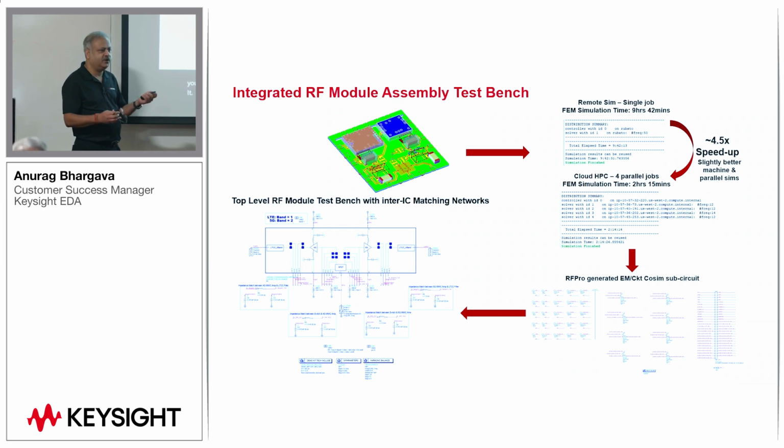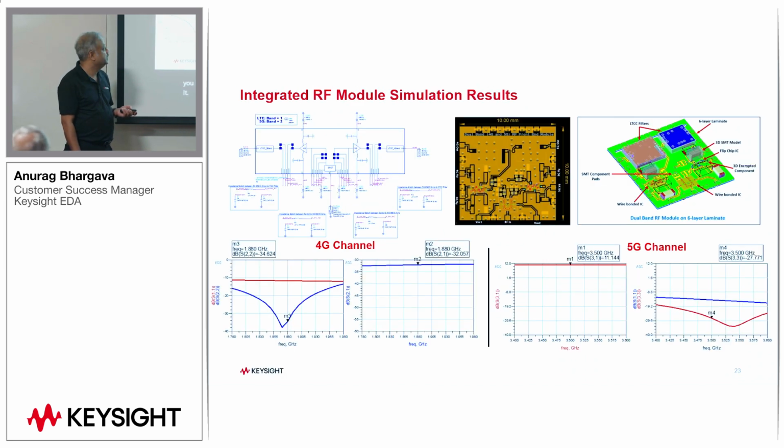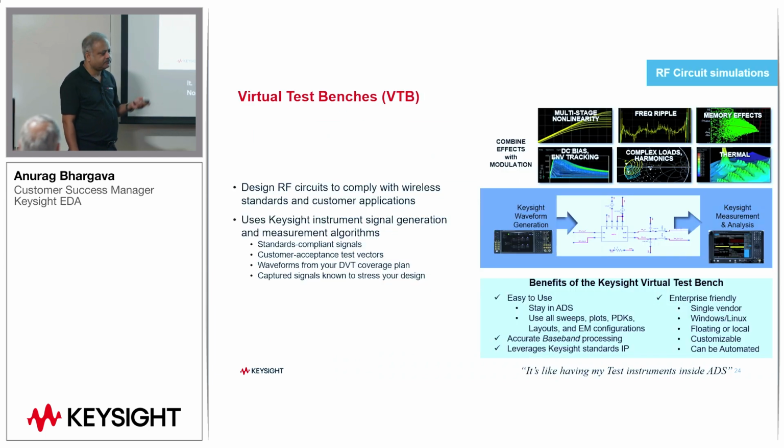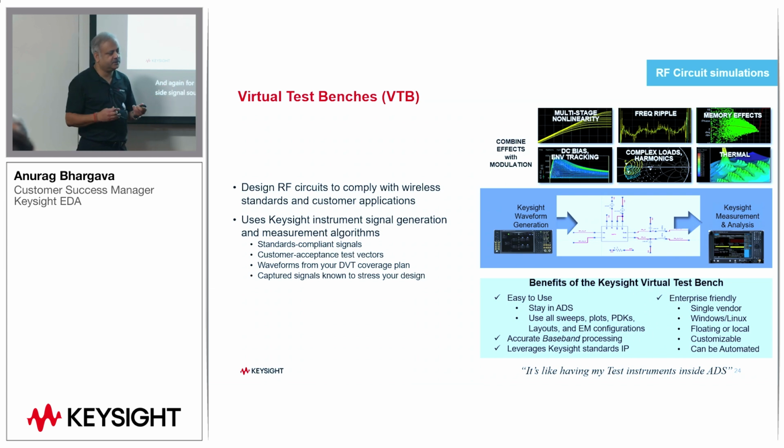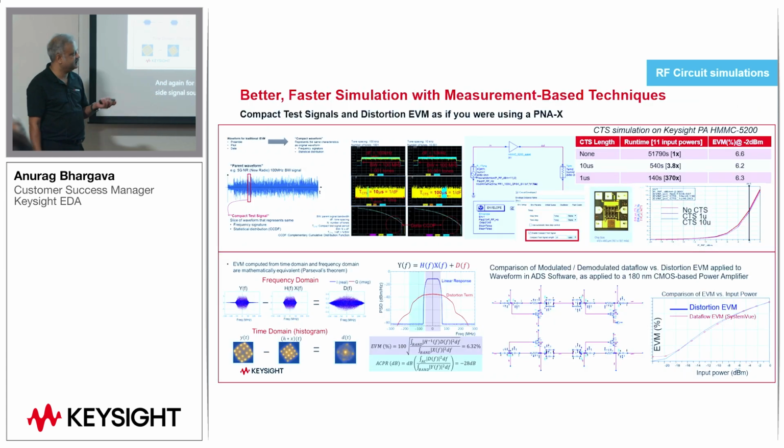linear, nonlinear, modulated, whatever analysis. Again, so that's some plots for this module result. And again, for modulation, you have various techniques like virtual test bench. This is like having a Keysight signal source as well as signal analyzer in your tool to do full-blown modulation analysis.